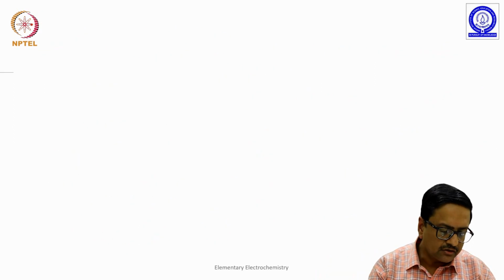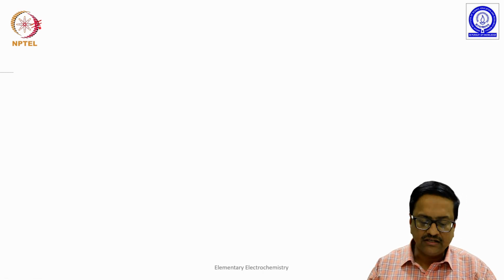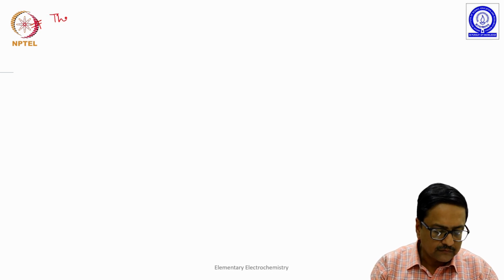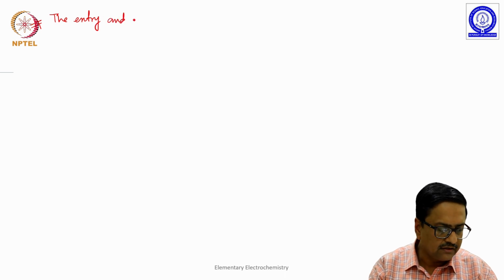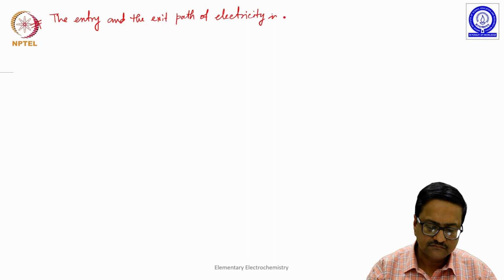So when we talk about a battery or any electrochemical device which can deliver electricity, the entry and the exit path of electricity is called the electrode.